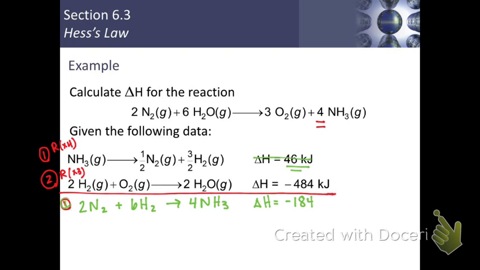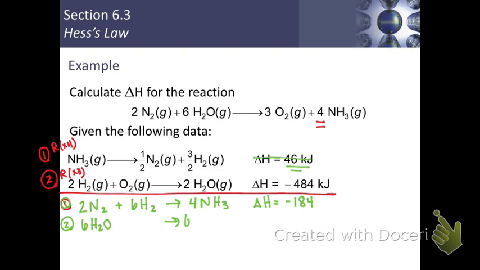Okay, reaction number 2, we're going to reverse and multiply by 3. So it would become 6 H2O. And I like to put my arrows in the same spot. I want to try to line them up so I can really tell what's going to cancel, what's not. That's not the end of the world if you don't, but for me, it just makes the most sense.